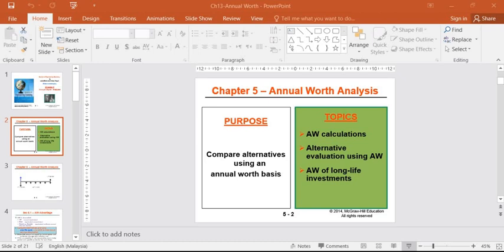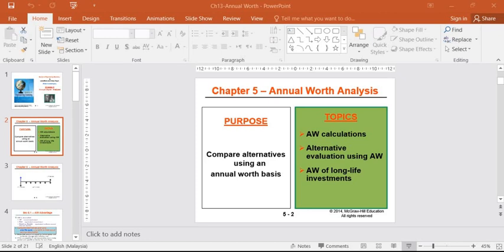You can see AW is PW, P. AW is a combination of two separate components: capital recovery, CR, and the equivalent annual AOC, the annual operation cost. A is an annual value.